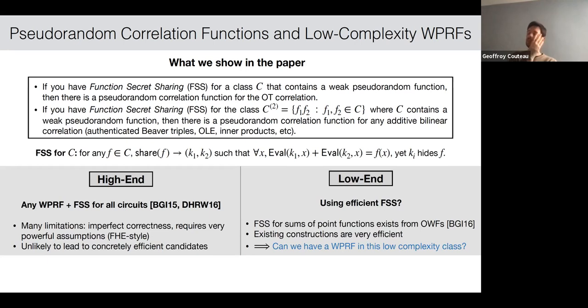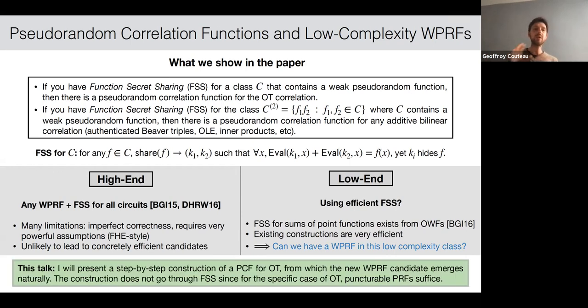This is one of the things I'm going to try to answer in this talk, and we're going to build naturally a weak pseudorandom function which is in this very low complexity class, sums of point functions. The way I'm going to present it will be without going through function secret sharing, because it would take too much time to keep introducing more and more cryptographic primitives.